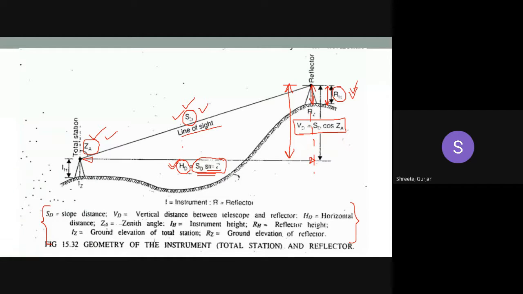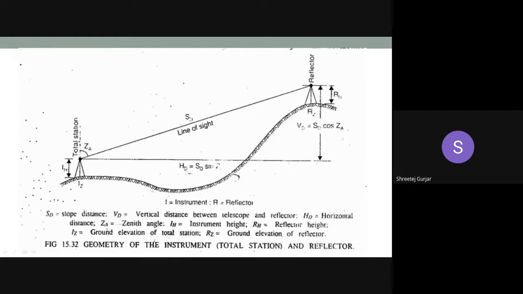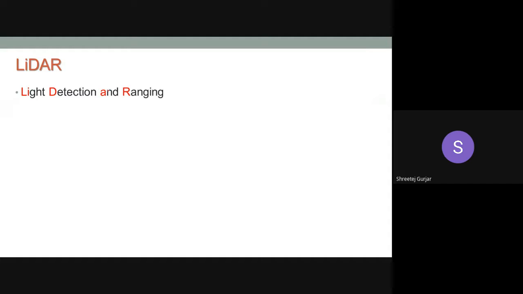Okay. So after total station, the next topic that we have to learn is regarding lidar, whatever you may call it. It is nothing but light detection and ranging. Just as you have radar, you have heard about radar, similar to that we have this lidar, wherein we use light.